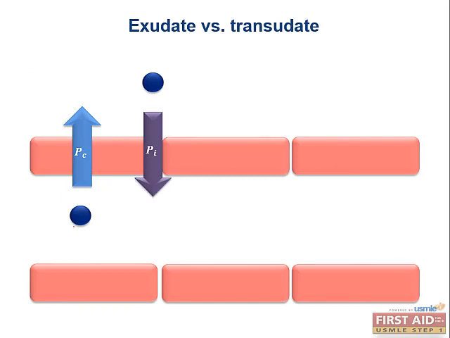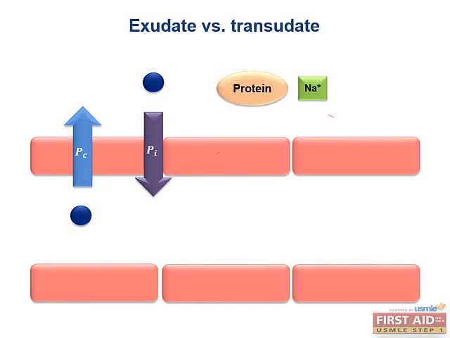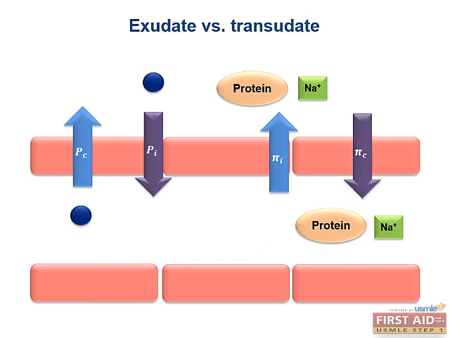The next one is oncotic pressure. It's spelled like this, oncotic pressure. And there are two forces in general. So there's an oncotic pressure that pulls fluid out of the capillary, and likewise there are solutes that drive fluid into the capillary, into the blood vessels. In general, proteins and sodium are the main factors that are responsible for the oncotic pressure.